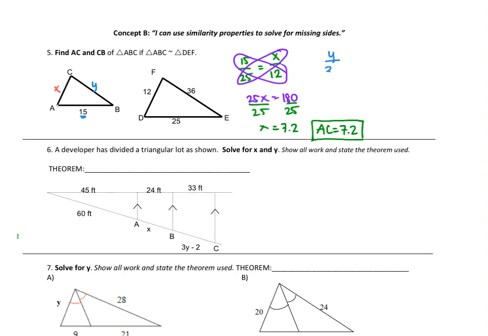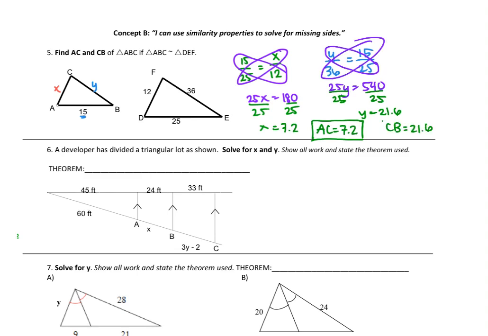So y over 36 equals, again, I'm going to use 15 over 25. And like the previous one, we're going to cross multiply. So 25y equals 15 times 36, which is 540. And then divide both sides by 25. Get 21.6. So CB is 21.6.